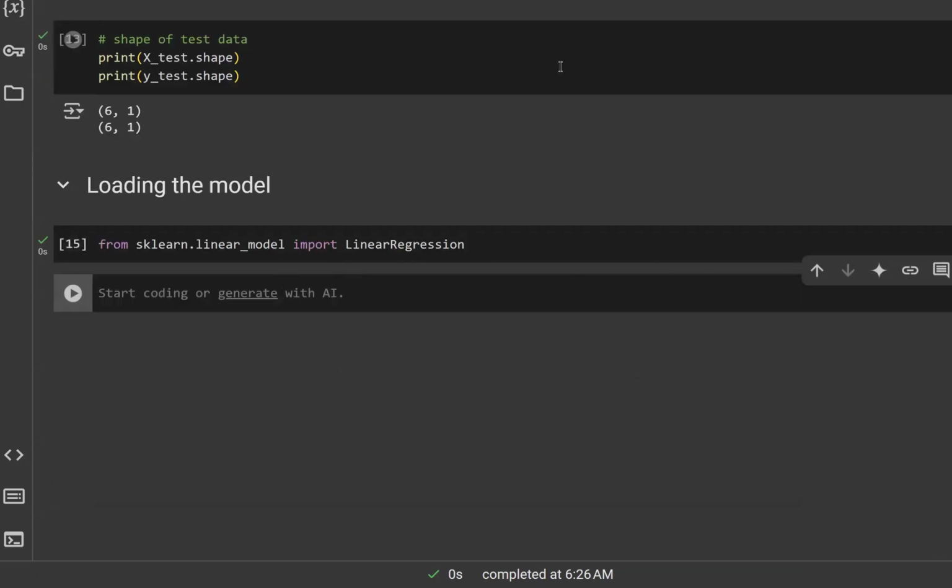Okay, this is how it will be loading. So sklearn is the library. Linear model is the sub library. And this is a class.